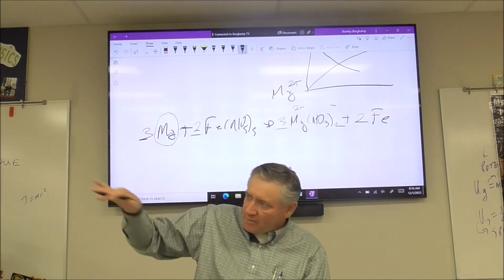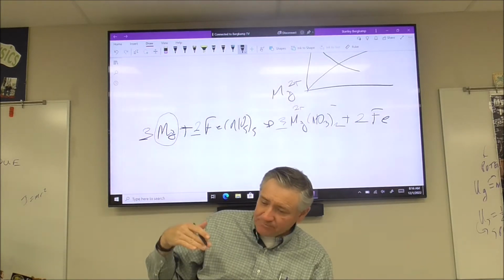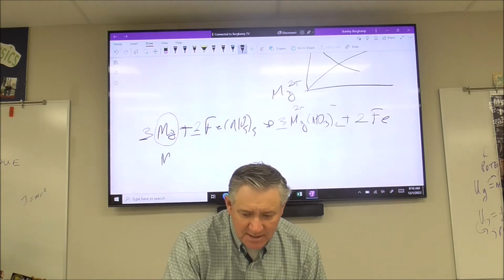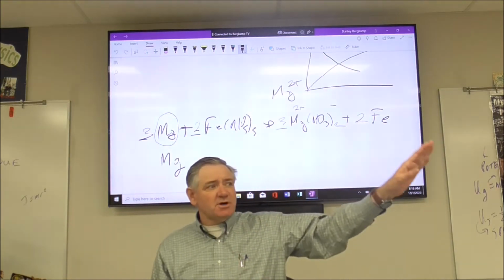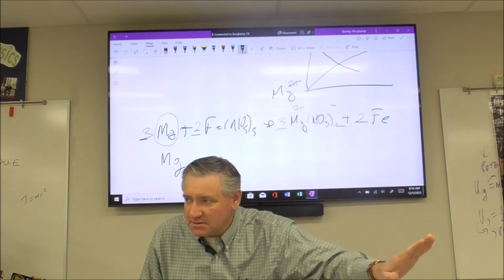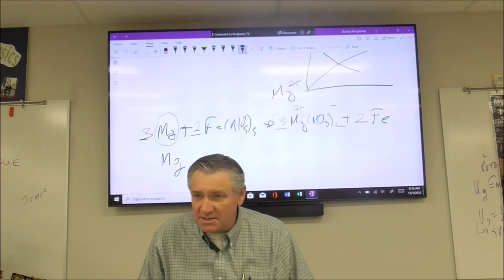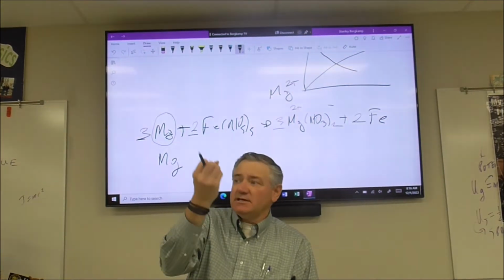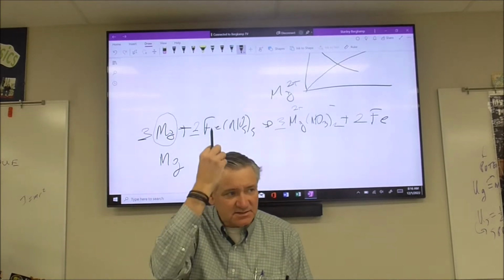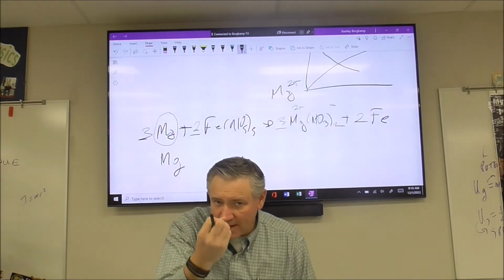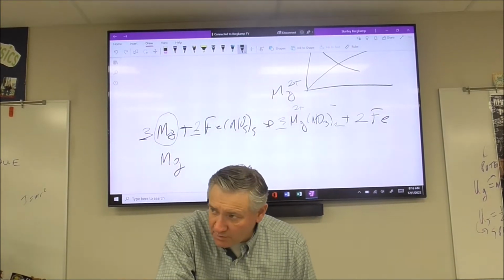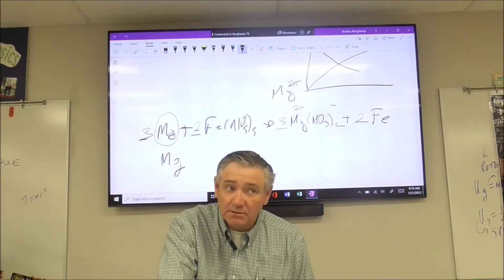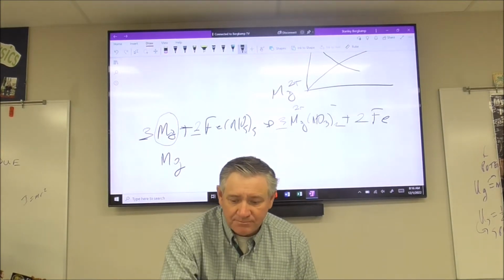So when you write the net ionic equation, this magnesium here, don't put the charge on it. It is not 2 plus at that point. It is 0 because it's a solid piece of magnesium. So don't put the 2 plus on that one. It's a chunk of magnesium at that point.